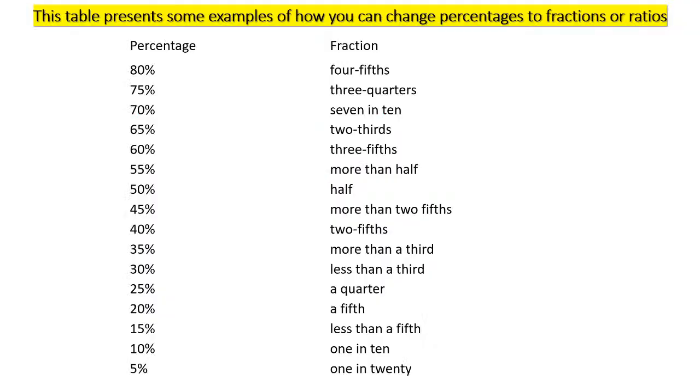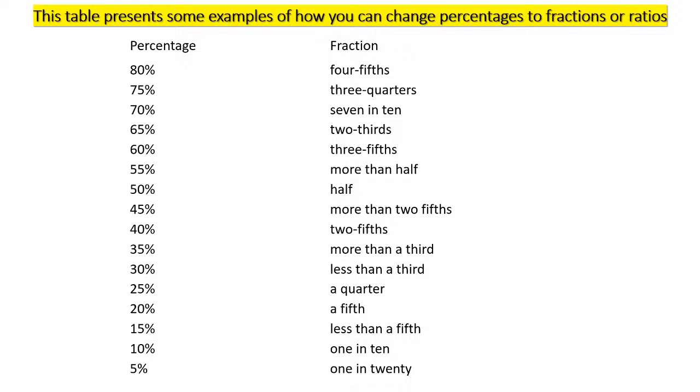Further, this table presents some examples of how you can change percentages to fractions or ratios. Firstly, it is very necessary for you to understand how to change the numbers into fractions or ratios.